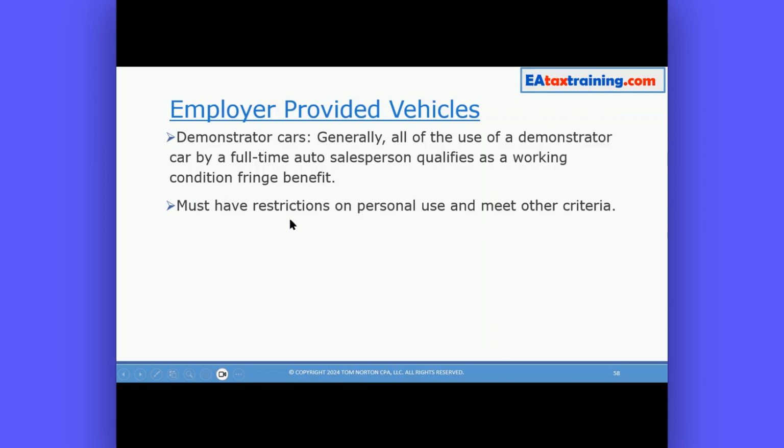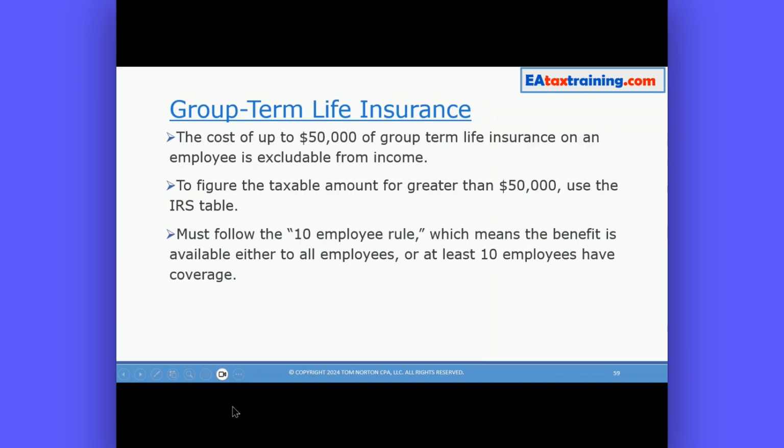So maybe they say you can use it to drive back and forth from work, but you can't use it for anything other than that. So as long as you meet the criteria, you don't have to know specifically what that is. Just know that if you have a demonstrator car for a full-time auto salesperson and they meet the requirements, then those are generally going to be excluded.